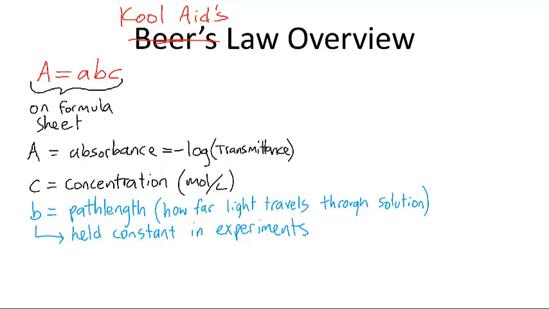And then little a, what little a represents is the fact that, if you use a different flavor of Kool-Aid, it's going to absorb a different amount of light at each wavelength. So little a is called the molar absorptivity.